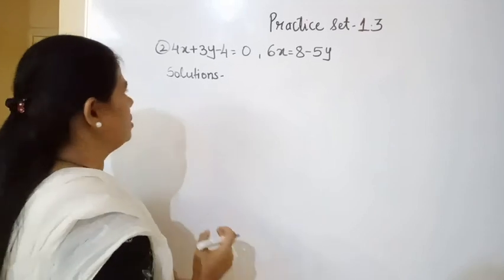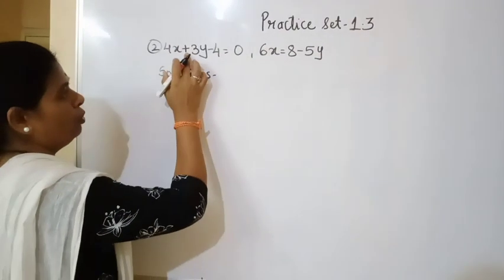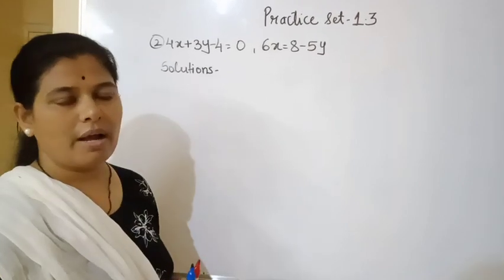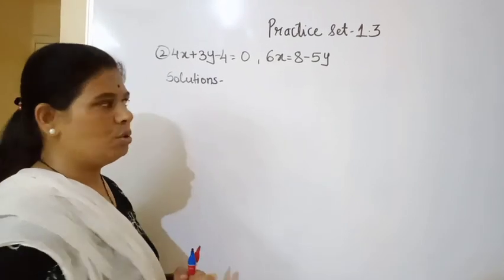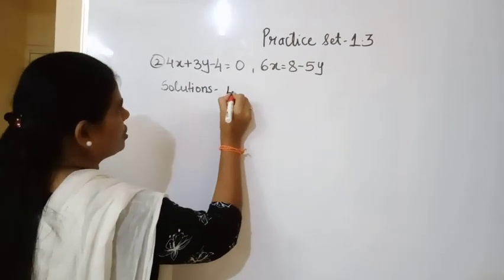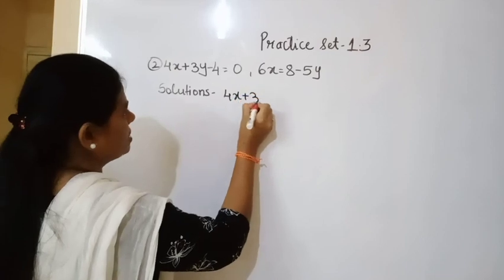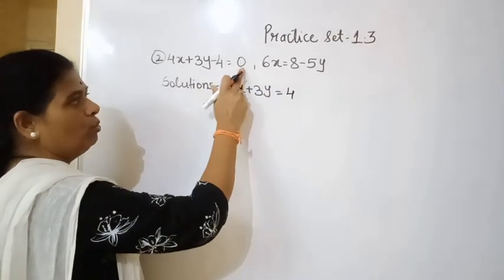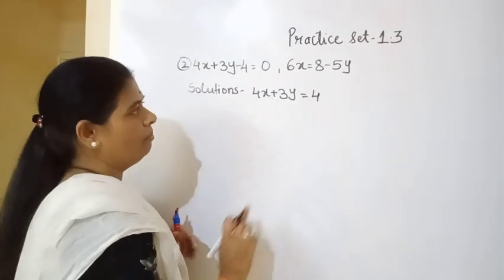First, equation number 1 is 4x plus 3y minus 4 equal to 0. After arranging, we get 4x plus 3y equal to 4. The minus 4 moves to the other side and becomes plus 4.